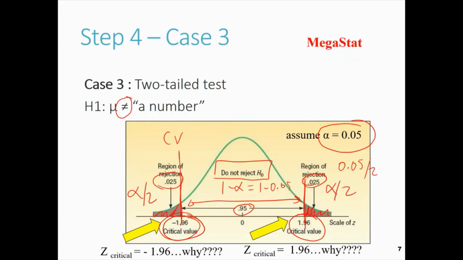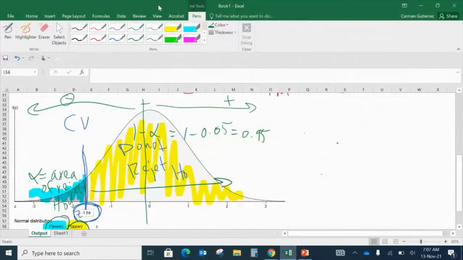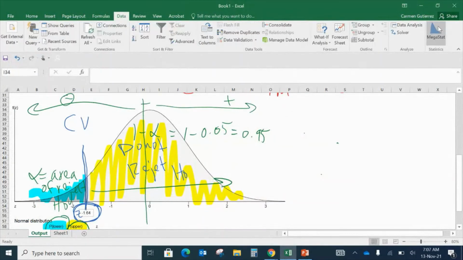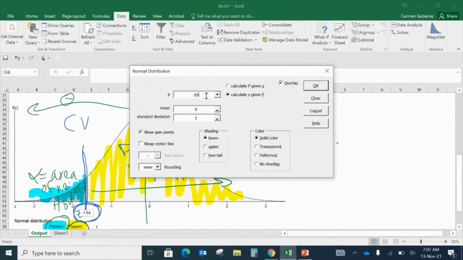in MegaStat again. So let's check it out. You have data, MegaStat, probability, normal distribution. Once again, the alpha is here 0.05, but I'm going to tell MegaStat that it is two tails because it's equal and not equal to, and I'm going to unclick the overlay.